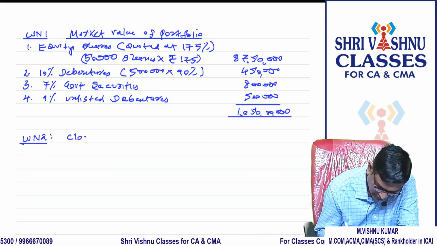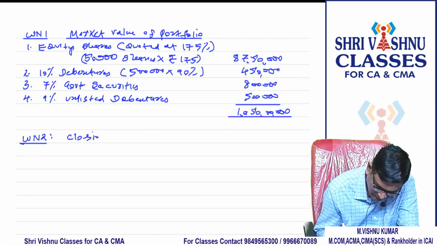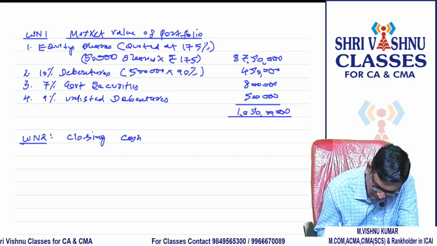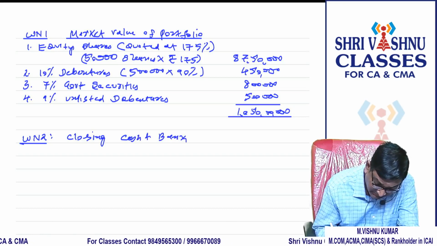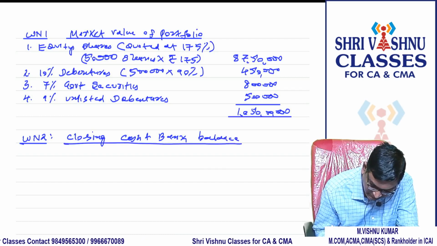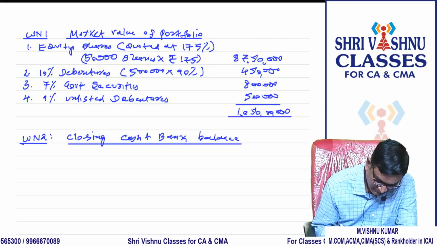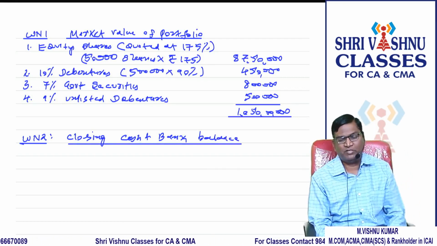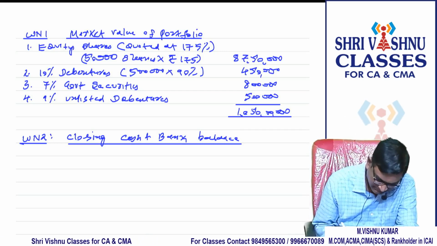Next is closing balance of cash. Closing cash and bank balance. You can calculate the closing cash bank balance by preparing a cash book, with receipts and payments.